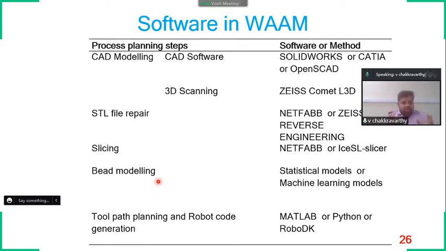We will do it by means of some statistical models. And also we will generate tool path planning, meaning the torch path planning strategies, what direction it is supposed to rotate. Either we can fabricate in a uni layer or like a raster pattern that I will be covering in the upcoming slide. So those things can be properly planned by means of MATLAB.